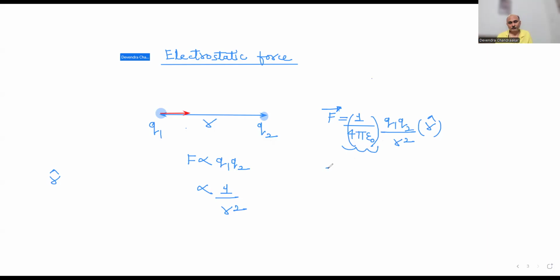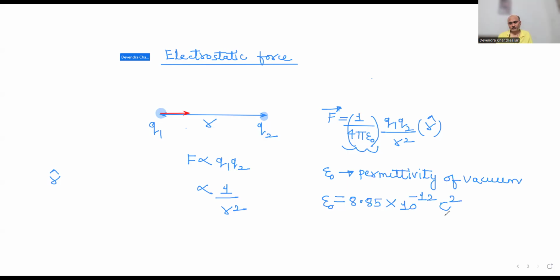Now, what is this epsilon naught? Epsilon naught is called the permittivity of vacuum. Its value is 8.85 into 10 to the power minus 12, and this is Coulomb square upon Newton meter square.